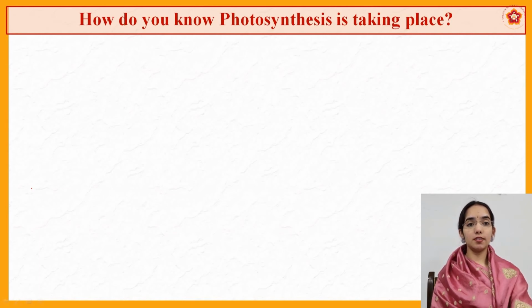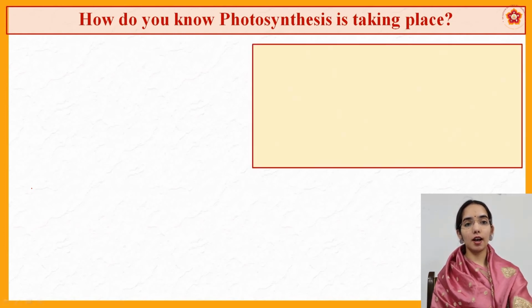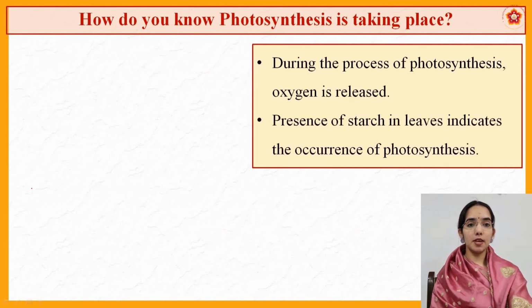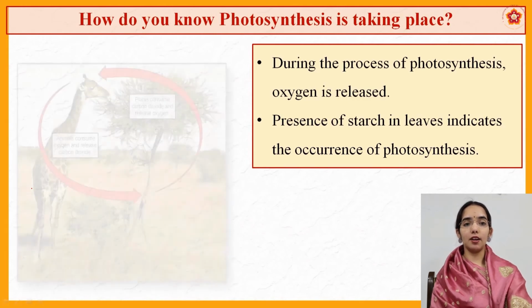Now the second point is this also. In the process of photosynthesis, oxygen is also released. So if we can find oxygen in our surrounding, that means yes, photosynthesis is occurring. So during photosynthesis, oxygen is released. And if there is starch present in leaves, that means yes, photosynthesis is occurring.